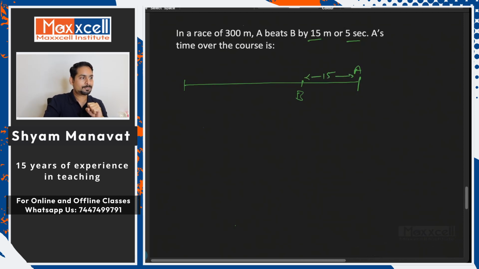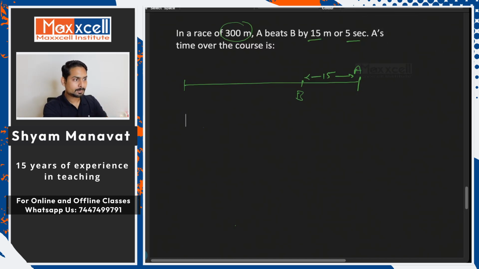In a race of 300 meters. I'm going to write all the steps and explain in detail. Once you're pro with the concept, then I will use the shortcuts, okay?